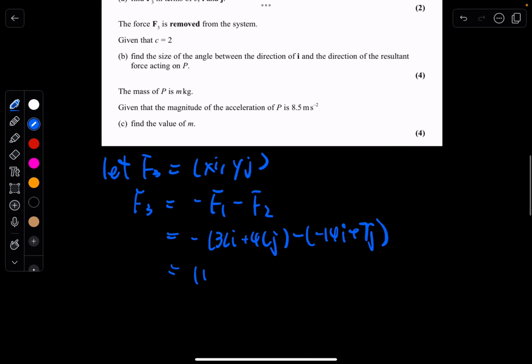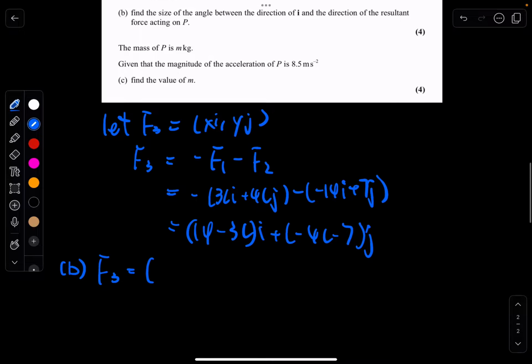The force F3 is removed from the system given that c equals 2. Find the size of the angle between the direction of i and the direction of the resultant force acting on P. Okay, let's solve for this first. c is 2, right? So F3 would equal, well, no, F3 is removed.